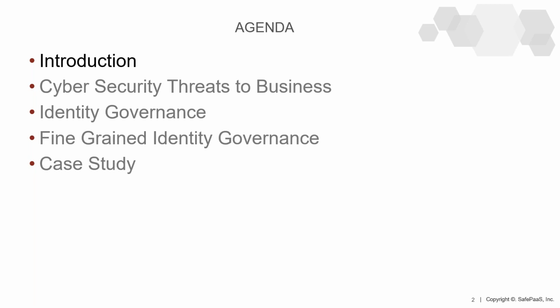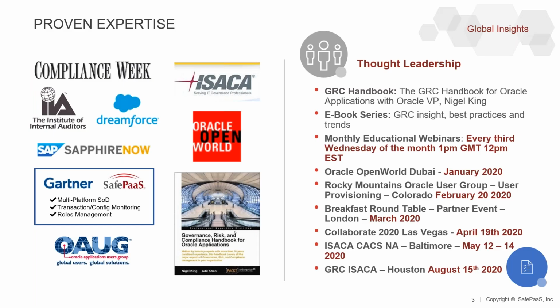We'll get into the identity governance area to get on the same page on how we see it, how the analysts are describing this market, and how our customers are adopting the latest and greatest technology to help them mitigate risk. One of those technologies that SafePaaS brings to the table, we'll talk about in a case study later on, and we'll also describe how SafePaaS can help you lay out a roadmap to get a more beefed up security model for your enterprise.